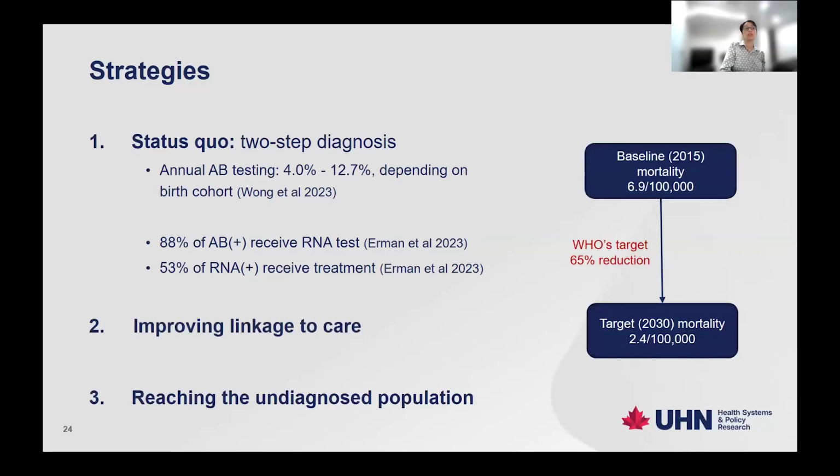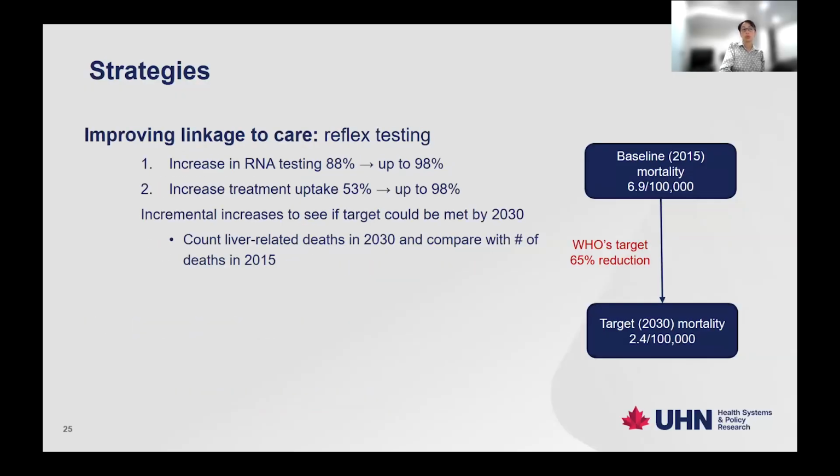Next, we compared two alternative strategies designed to meet the WHO's target of a 65% reduction in liver mortality by 2030 relative to 2015 levels. The first alternative was an improved linkage to care strategy, which we can hypothesize to be reflex testing, where we increased RNA testing and treatment uptake to 98%.